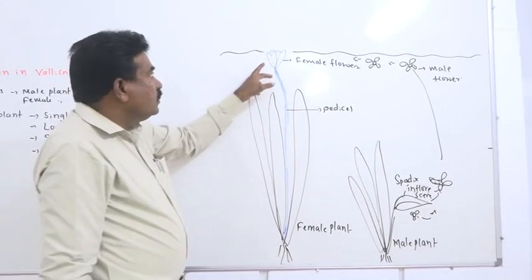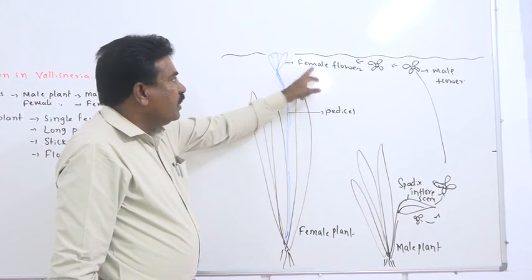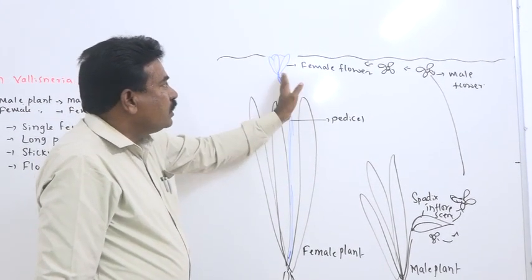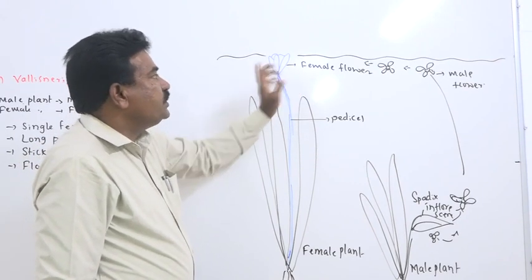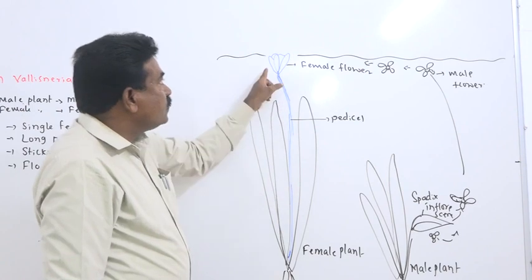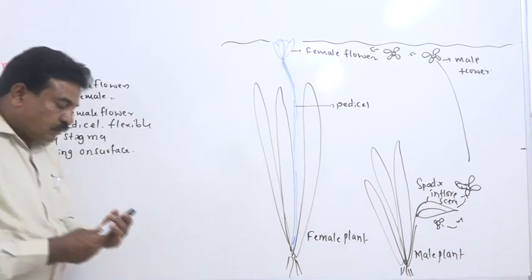It's because the density of the female flower and the density of water almost remain the same. Hence, always in case of Vallisneria, female flowers float on the surface of water.